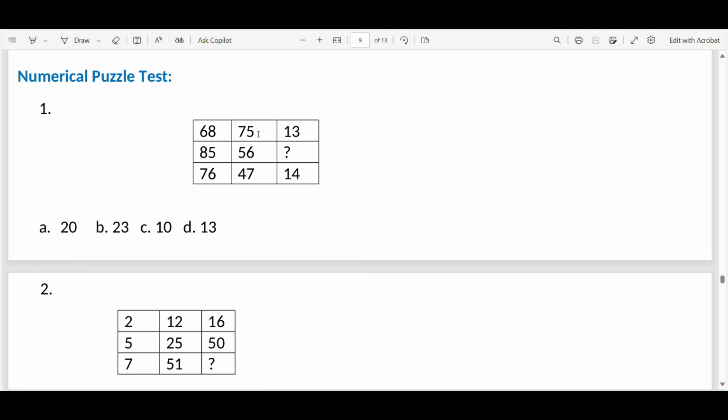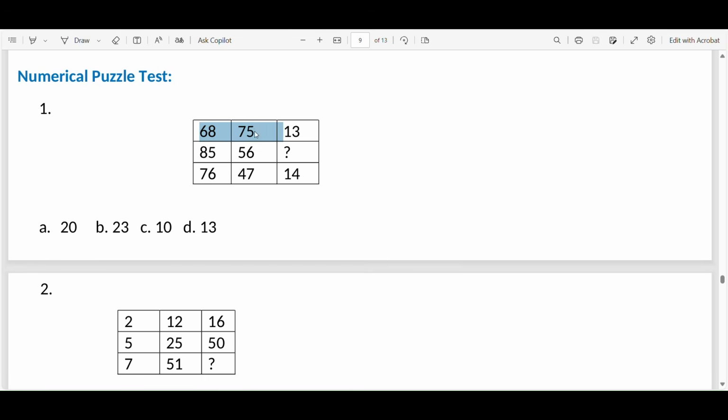How will you do this one? You need to try this. Just pause the video and try something. First let's try subtraction.